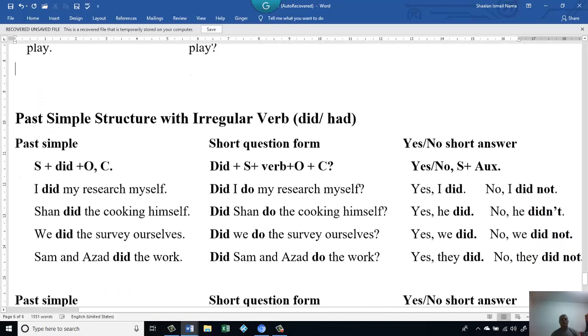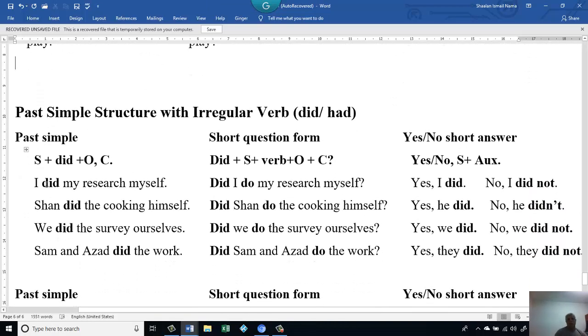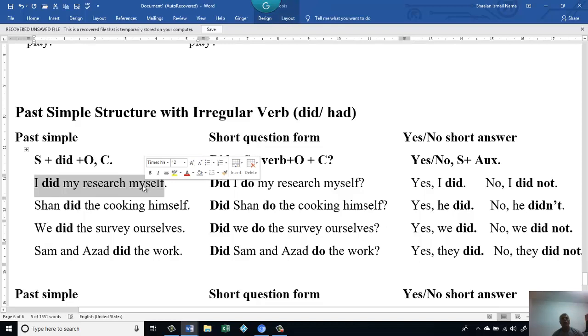Let's say I have a sentence like this. Past simple structure with an irregular verb, did, and then had. I have: I did my research myself. If I want to make this one happen in the past, then I have to have the action verb in the past.